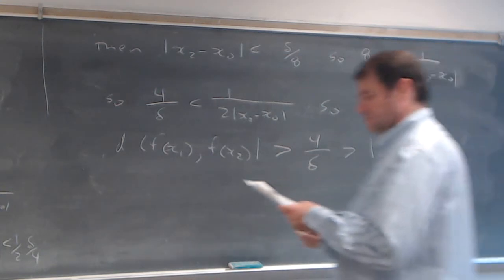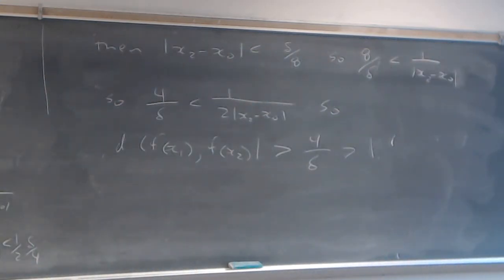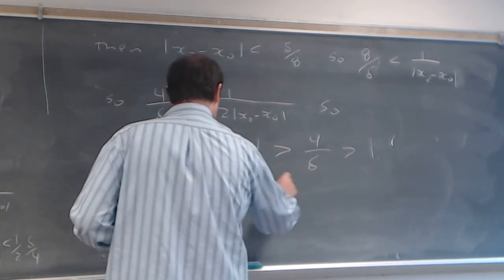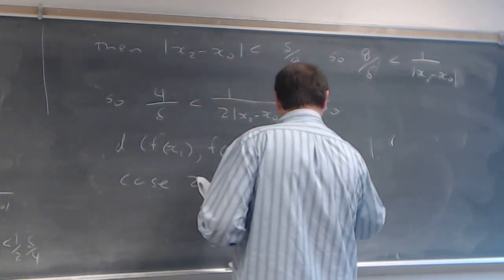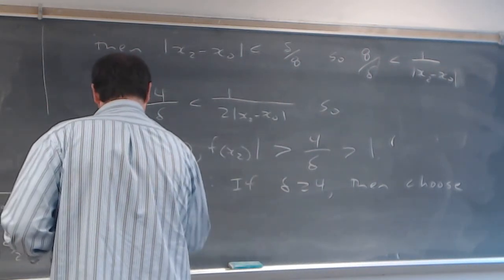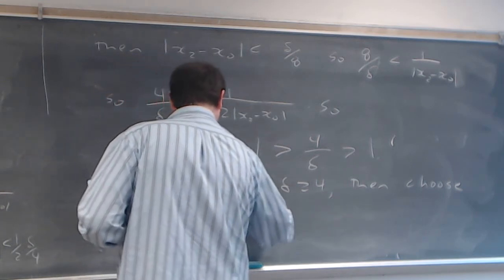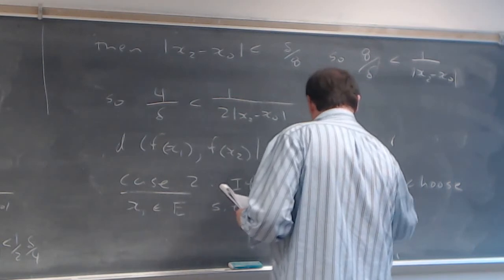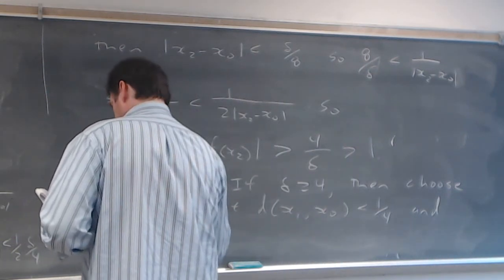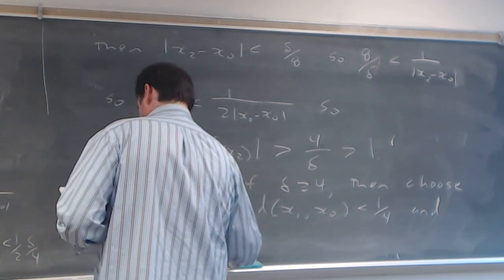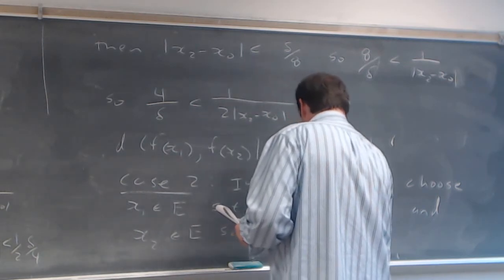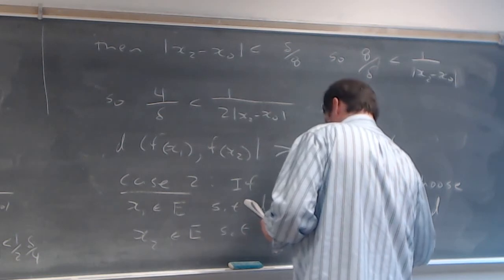Okay, now, the other situation here, this is case 2, if delta is bigger than or equal to 4, then choose x of 1 an element of V such that the distance between x of 1 and x of 0 is less than 1/4, and x of 2 an element of V such that the distance between x of 1 and x of 0 is less than 1/2 delta.